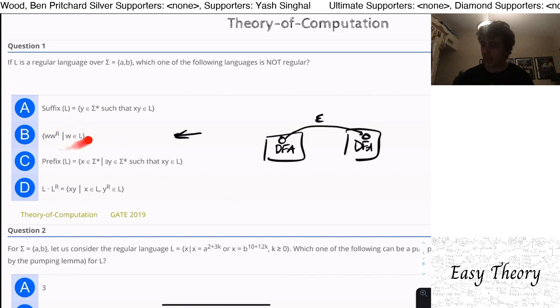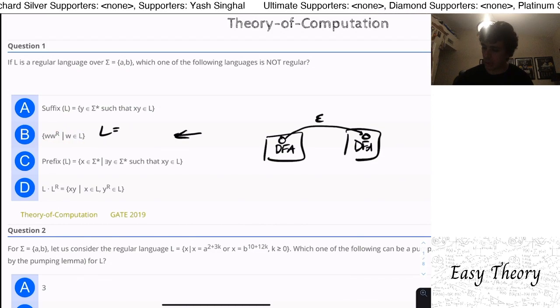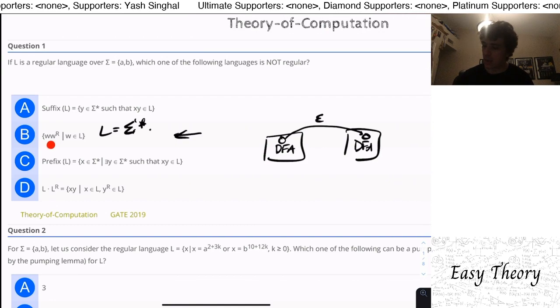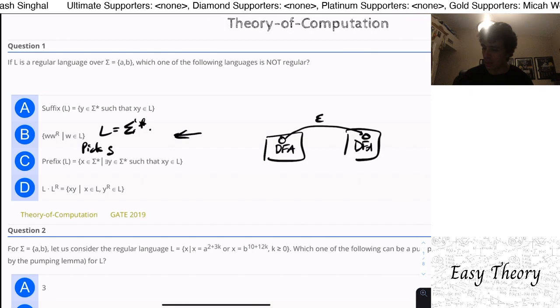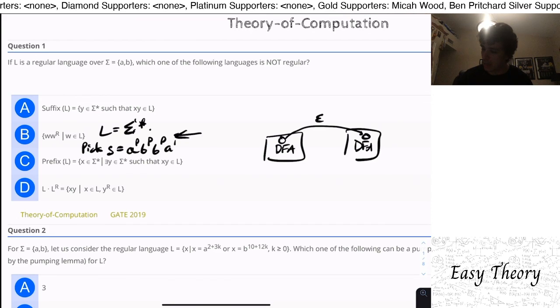And B is not regular because it's essentially palindromes, and you can show it's not regular if L is sigma star, for example. Then palindromes over this is not regular, and the reason is that you can pick the string s to be a^p b^p b^p a^p.